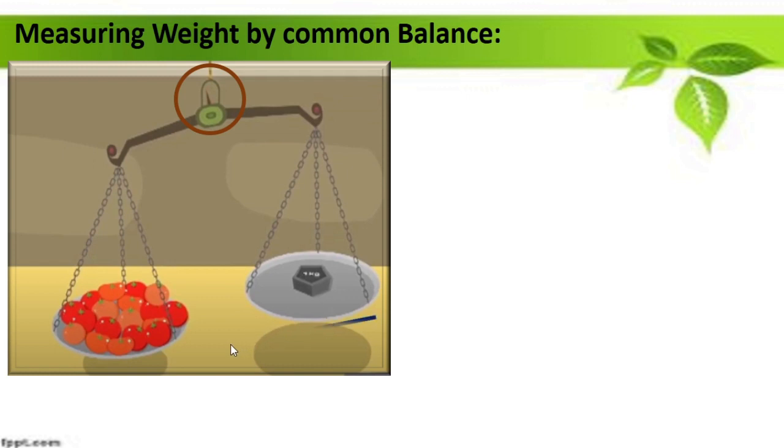Here you can see the level also. This pan is near to the ground comparatively, and this is a little up, right? See, this line is inclined, correct? Means these tomatoes weigh more than 1 kg.